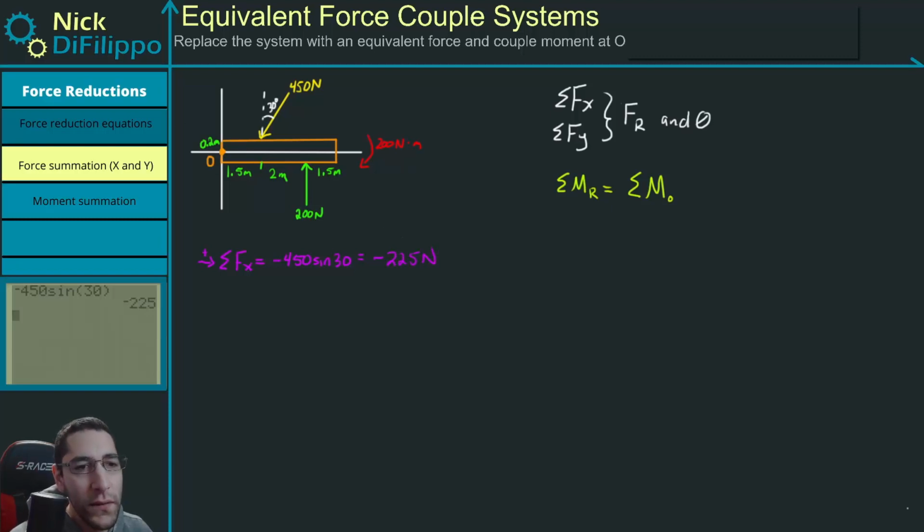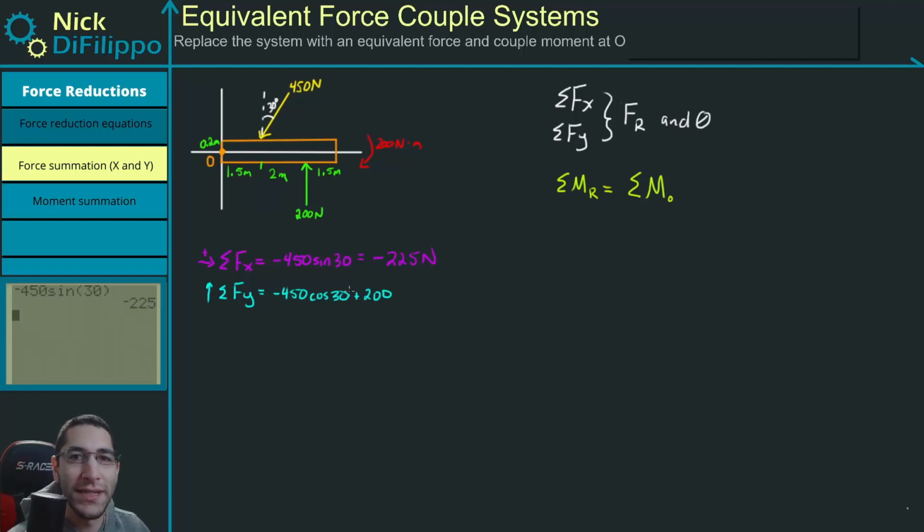Okay, now we can do the sum of the forces in the y direction. All right, again, if up is going to be positive, 450 points downward, so minus 450 times the cosine of 30, so that will give me my y component. And then I have this 200 Newton force that points upwards, so plus 200.